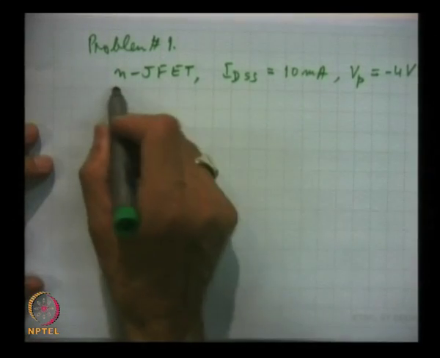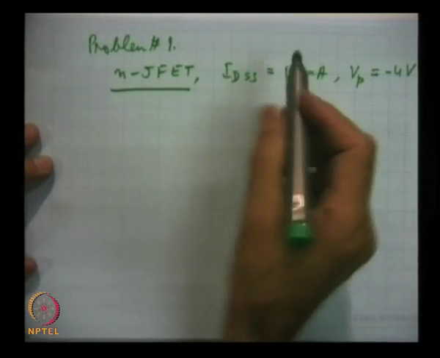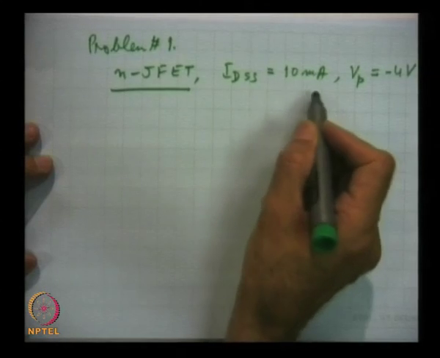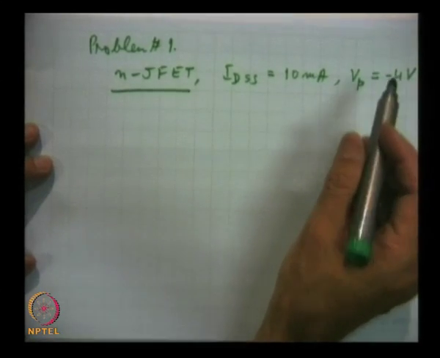So, in this N junction field effect transistor, the IDSS is 10 milliampere and punch through voltage is 4 volts.